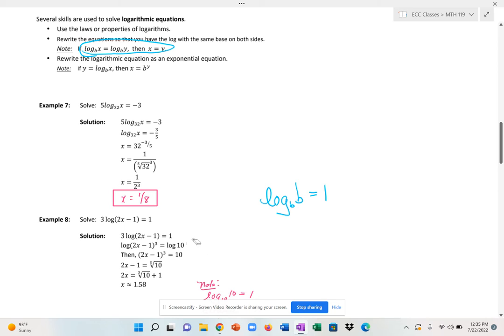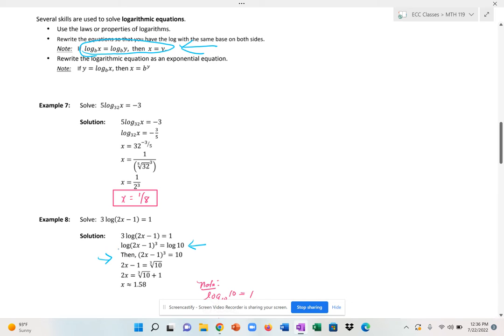So these two numbers are the same. And then I can apply this. I now have a single logarithm on each side with the same base of 10. So then I can ignore the logarithms and just solve 2x minus 1 to the third power equal to 10.